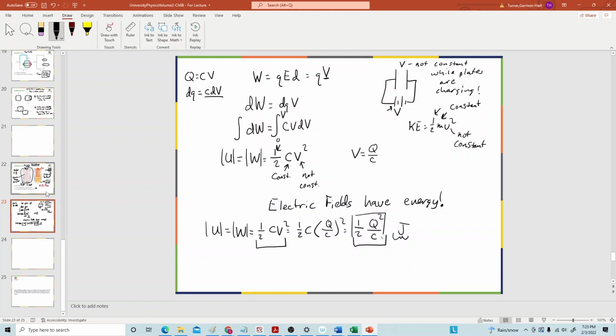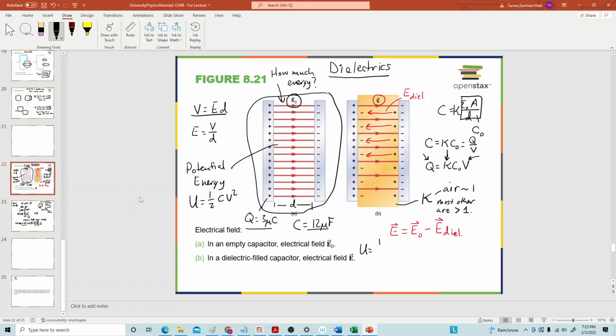And so this is going to be 1/2 Q squared over C. So this would be 1/2 Q squared, 3 microcoulombs squared, over 12 microfarads.